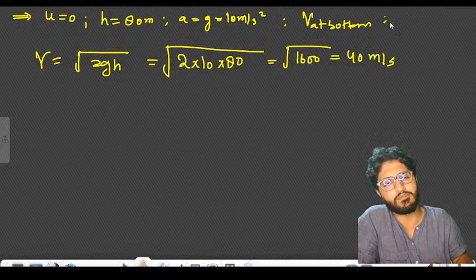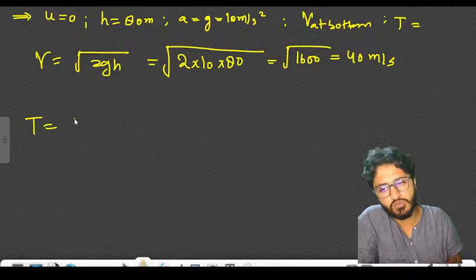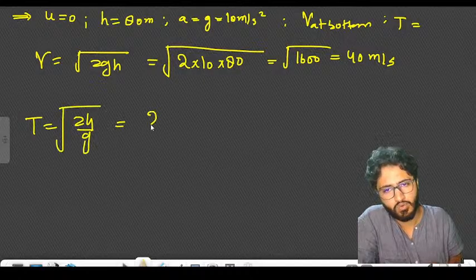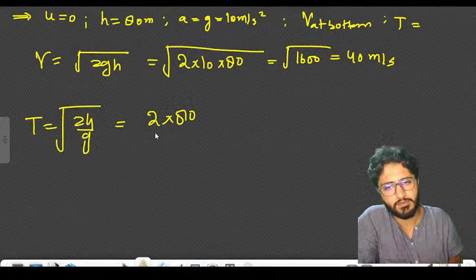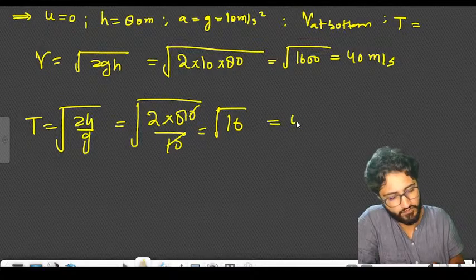What is the time taken by your ball to get down? So time equals under root 2h by g. 2 into 80 by 10, cancel out, it is 16. Root is 4, it is 4 seconds.